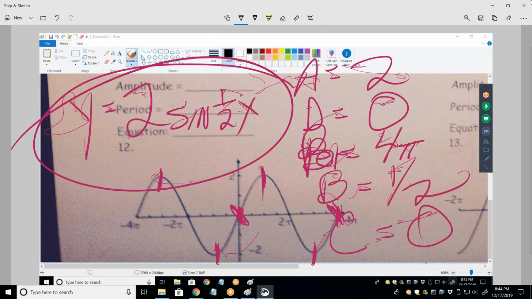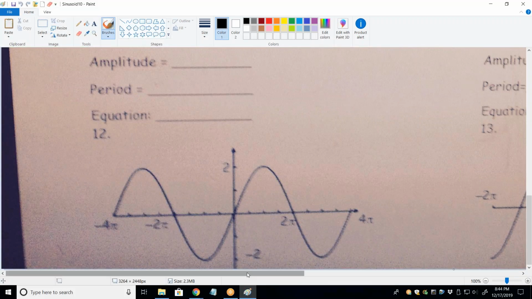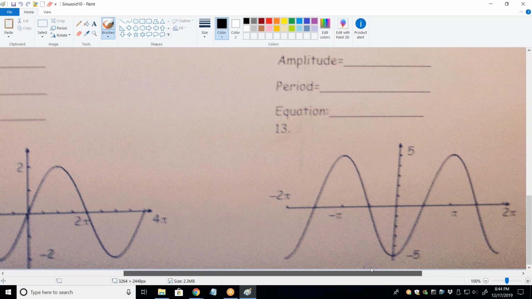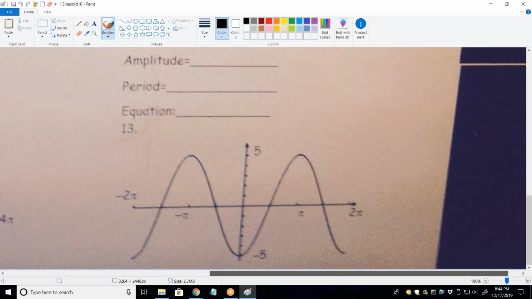Let's see if I can find one a little harder here. Yeah, this one's a little more difficult. Now, there's 2 ways to look at this problem.